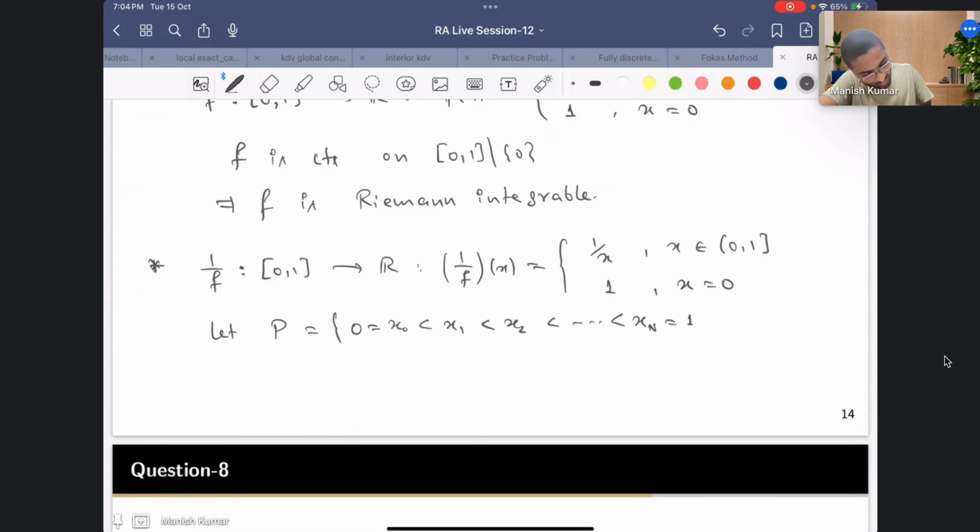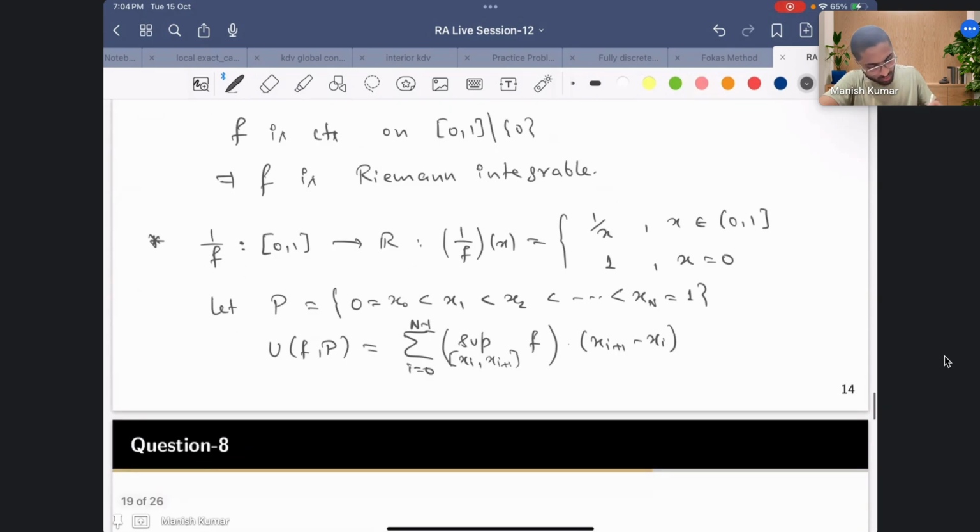Okay, then how will you define the upper sum U(f,P)? It would be the summation of the supremum of the function f on xi to xi plus 1, times xi plus 1 minus xi, where i is from 0 to n minus 1.